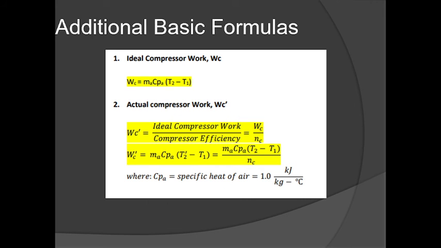So for the ideal compressor work is the mass of actual times the Cp of actual times the delta T, or the temperature difference of T2 and T1.